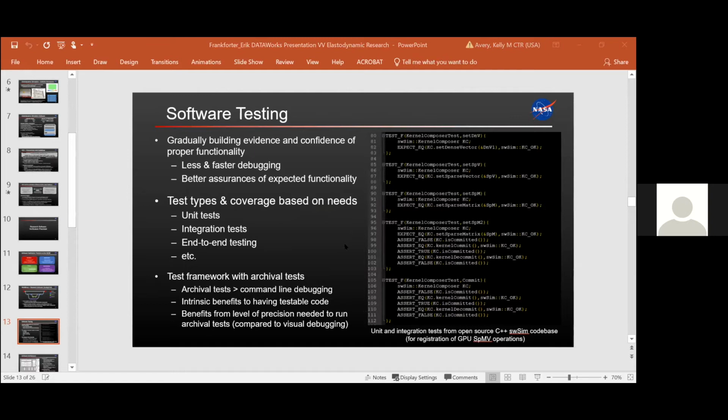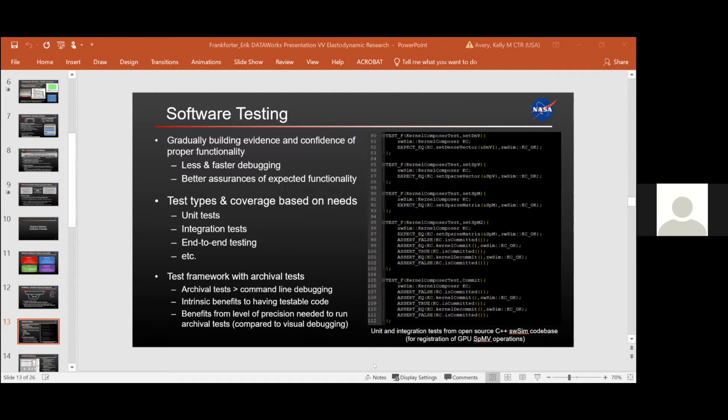So I'm going to go through this quickly due to time considerations. For software testing on the right, I have an example from C++, one of our open source GPU accelerated codes for 3D elastodynamic simulation. The idea here is that you really want to use the testing framework, and you want your tests to be short and self-descriptive whenever possible.